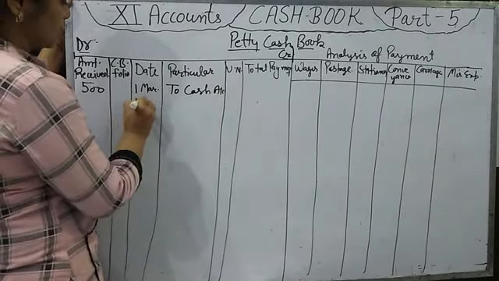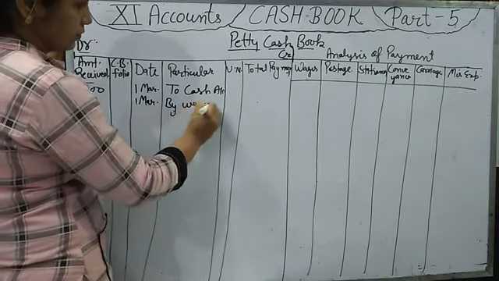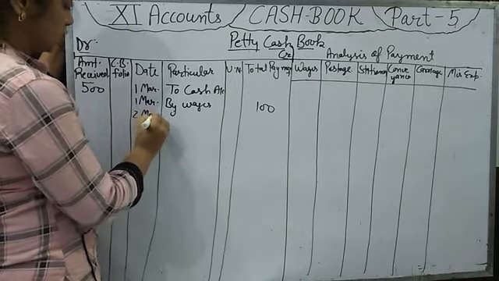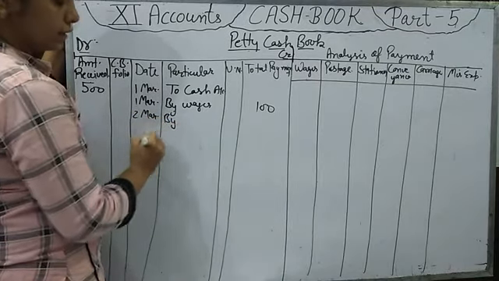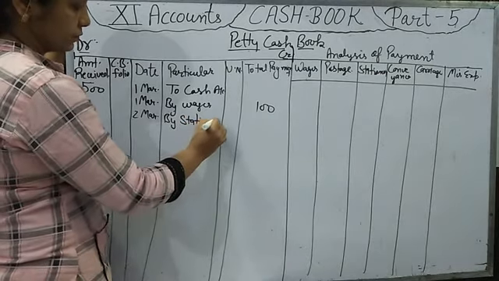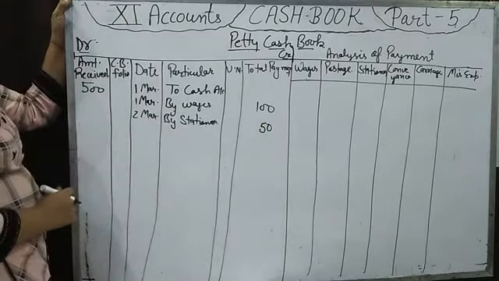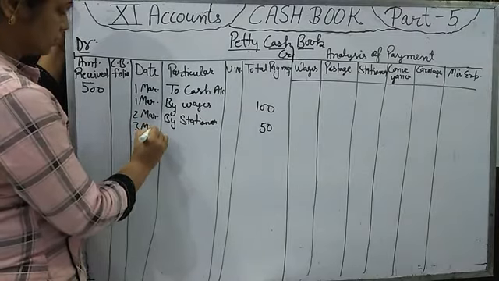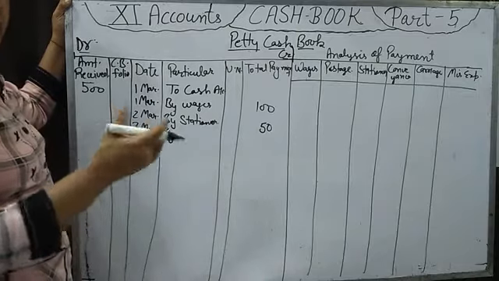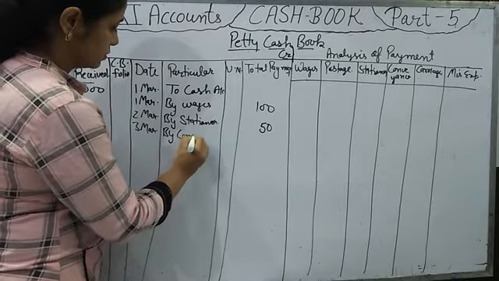Like on 1st March, 100 rupees wages paid. Then on 2nd March, for a pen, which will come under stationery, 50 rupees pen. On 3rd March, 50 rupees paid for the carriage of one box, so carriage.